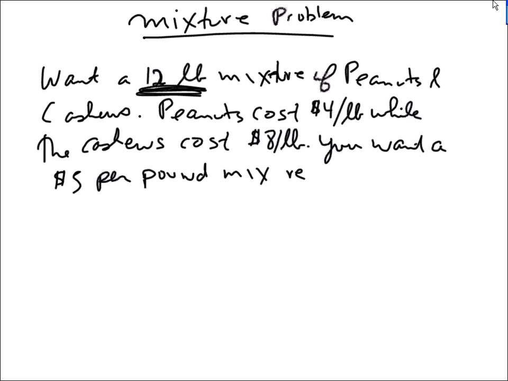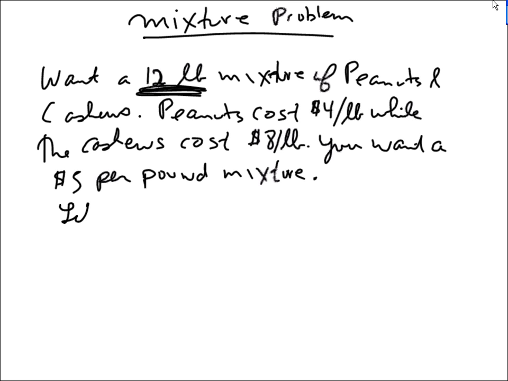One year we bought 13 pounds, and we had a pound left over. Another year, we bought less than 12 pounds, and it wasn't enough. So the question is, how many pounds of each do you buy?